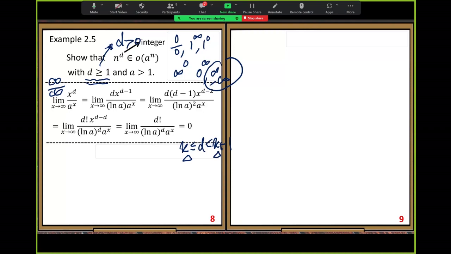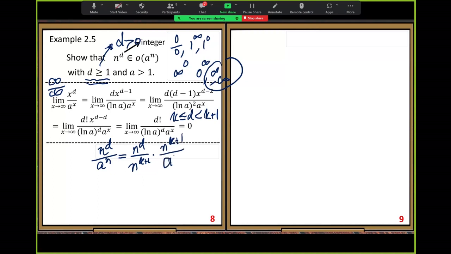Because our goal is to consider n to the D over a to the n, can we write it as n to the D over n to the K plus 1, times n to the K plus 1 over a to the n? Let me write this inequality here: D between K and K plus 1.